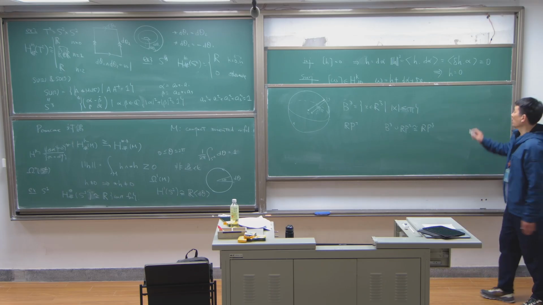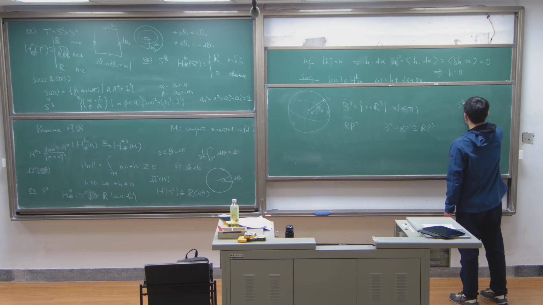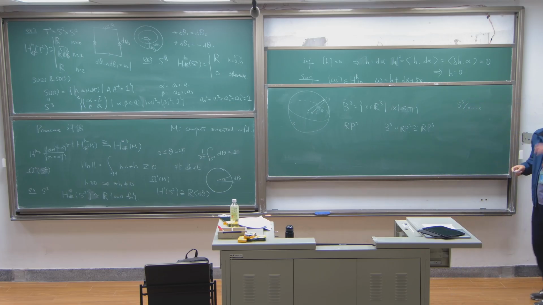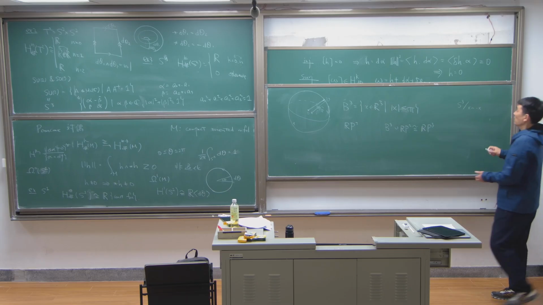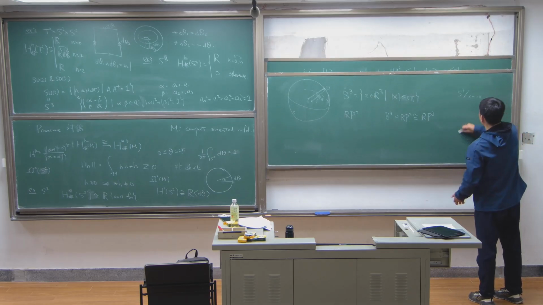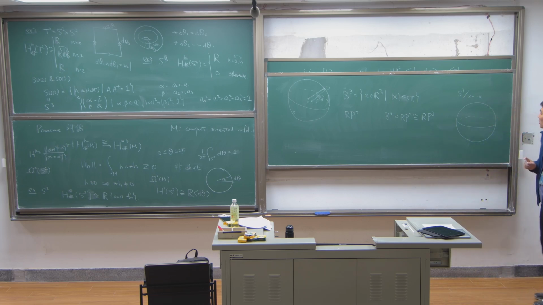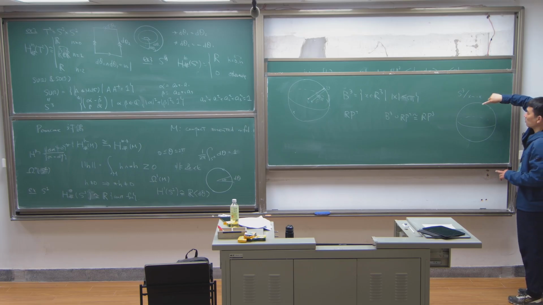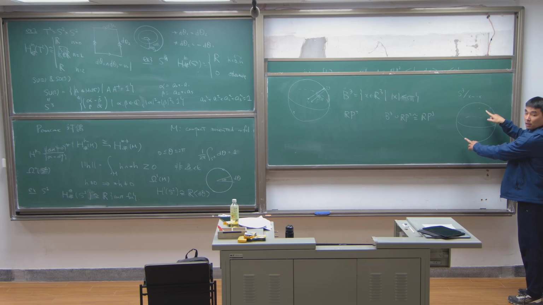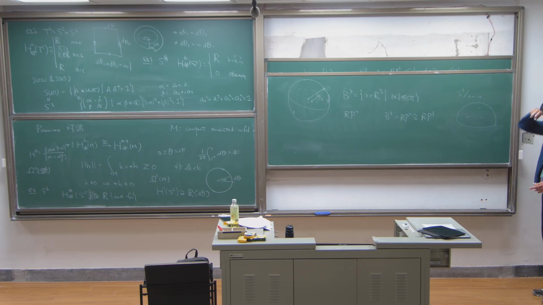How to define RP3? You have S3 mod opposite points. Suppose this is S3, not S2. You identify the northern hemisphere and southern hemisphere, you just identify opposite points. Then what's left is this part.